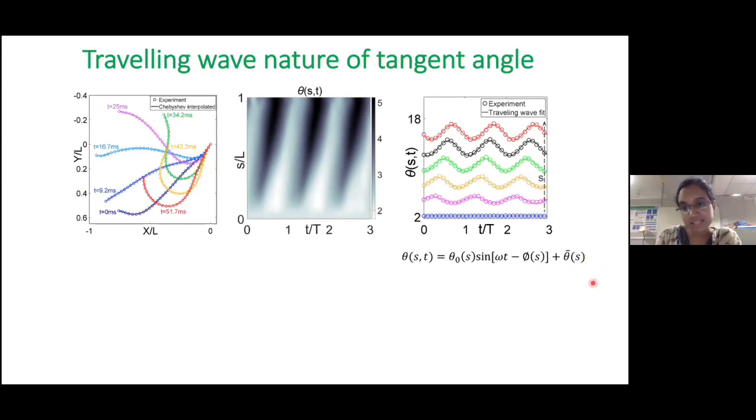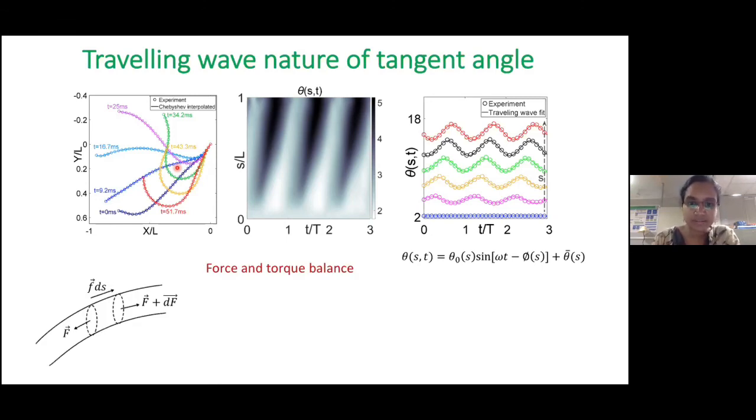In the analysis that will follow now, we will throw away this average shape because we are interested in oscillations about the average shape. So the average shape is actually bent here. It's not a straight filament, and that is what leads to a net flow when this filament beats.